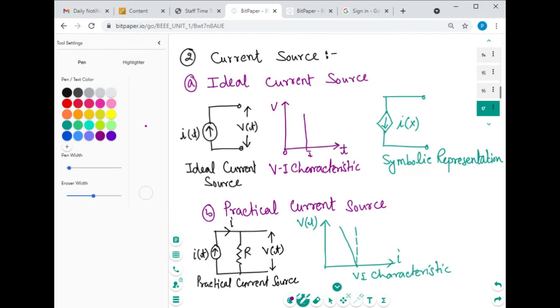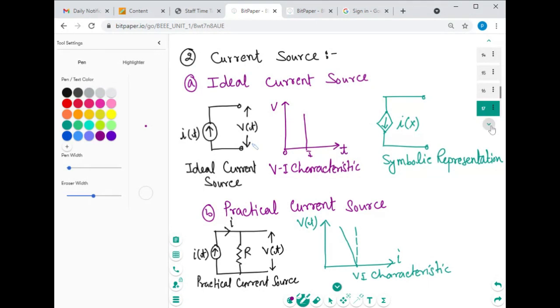Then we saw practical current sources. What do we mean by practical current source? Practical current source means when there are some losses, like internal resistance and heat dissipation, so it will not work according to the desired output. It will lose some output. So that is called a practical current source.